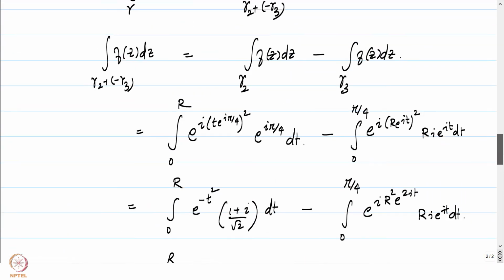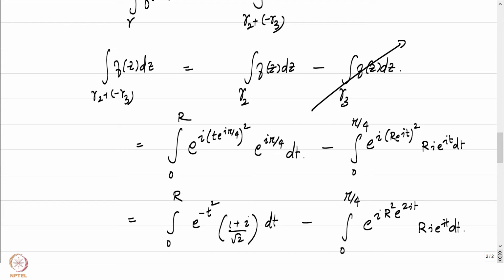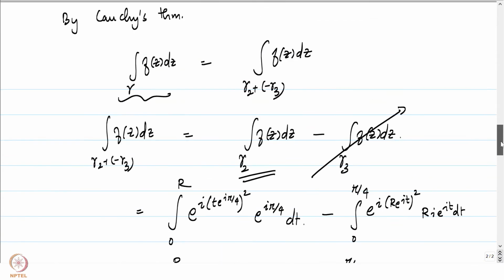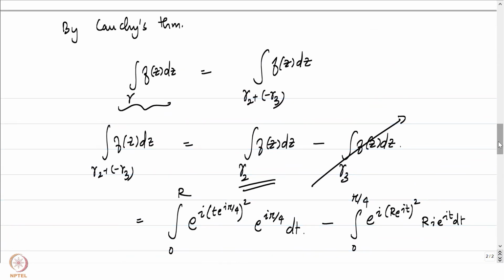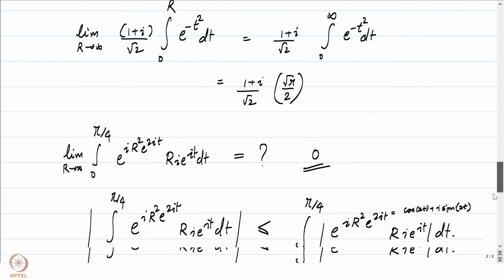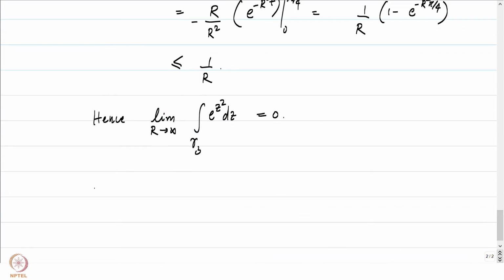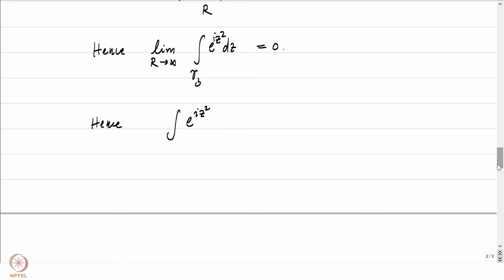So let's go up again and check what happened. This term vanishes. We have computed what this term is, and we have seen that this is equal to this particular term, the integral of f of z dz over gamma. So in particular, what we have computed is the following. We have proved that the integral of e to the power i z square dz over gamma, maybe 0 to infinity, is equal to 1 plus i by root 2 times root pi by 2.